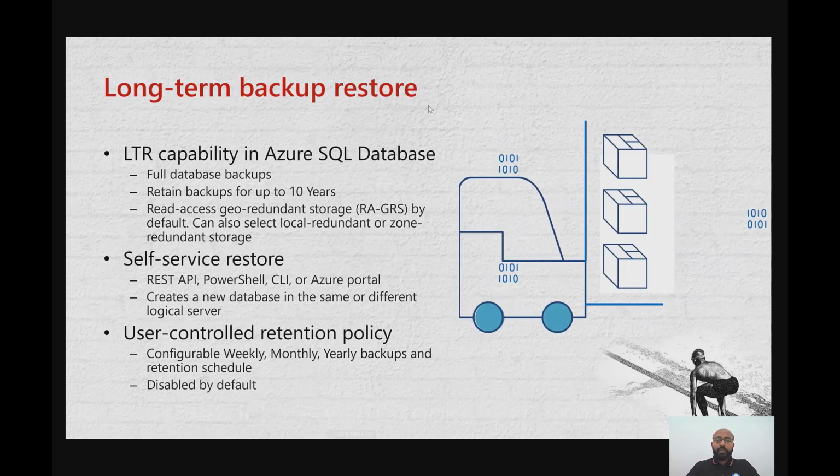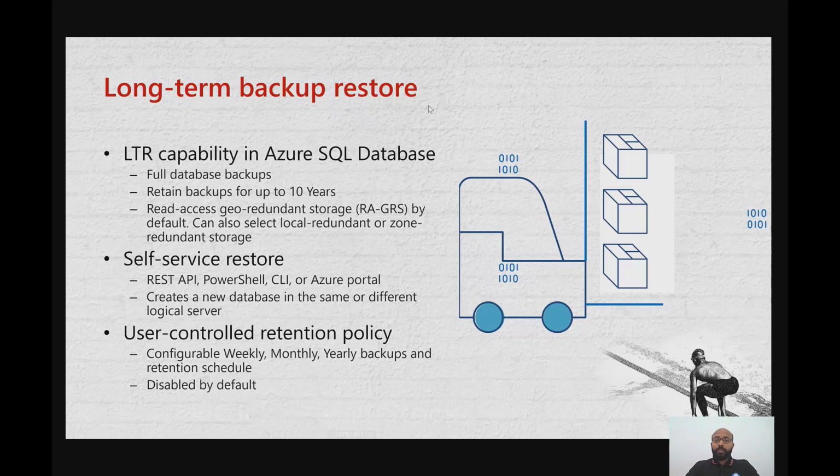Now let us take a look at long-term backup restore. Long-term backup restore is enabled by long-term retention backups. Long-term retention backups are full database backups. They can be retained up to 10 years. That means you can restore your database using these long-term retention backups for up to 10 years.